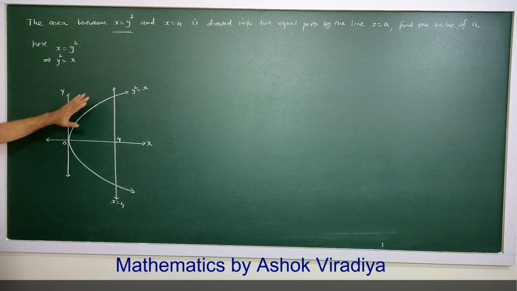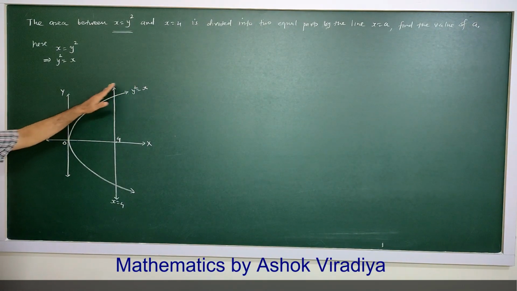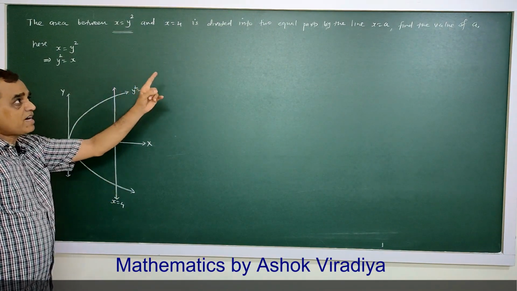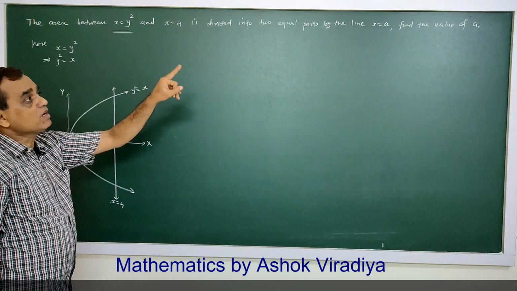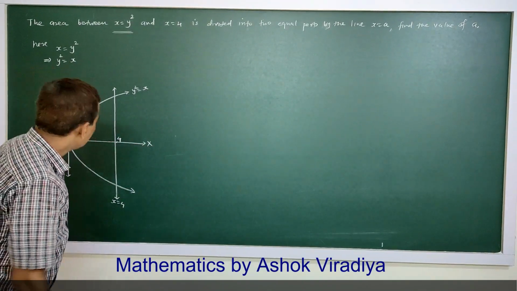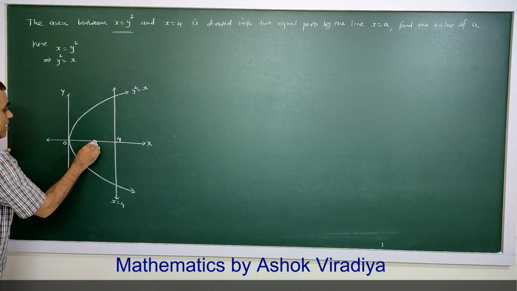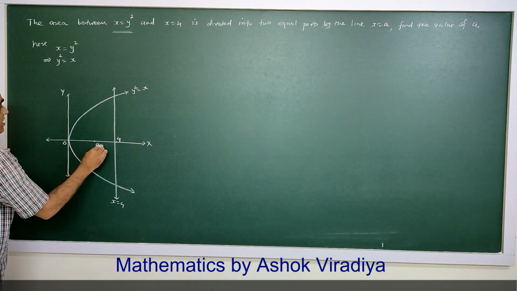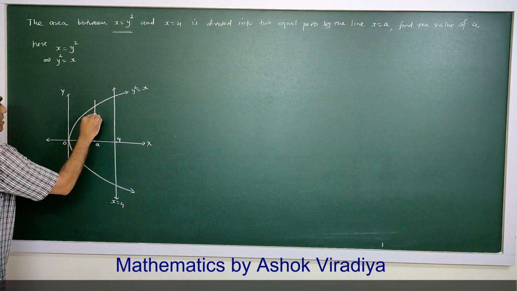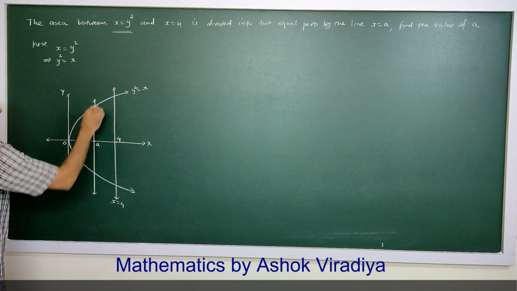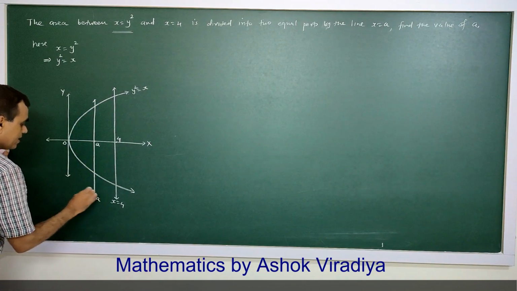Now whatever is the area between y square equal to x and x equal to 4 is divided into two equal parts by the line x equal to a. Suppose that line is somewhere here; if this number is a, then this line is x equal to a.